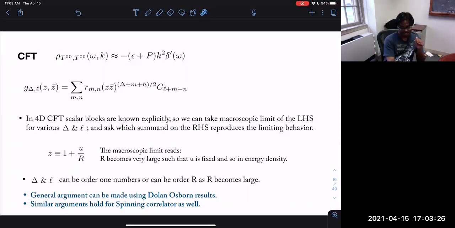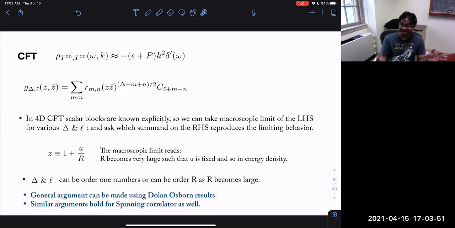If you have this block, you can write it explicitly as a function of z and z bar, and then take this limit for various delta and L. You can ask, if I take this limit on the left-hand side, what kind of summands on the right-hand side actually produce it.